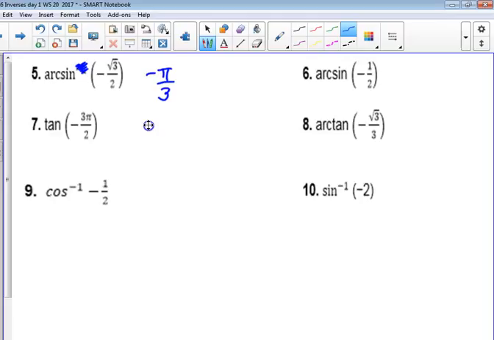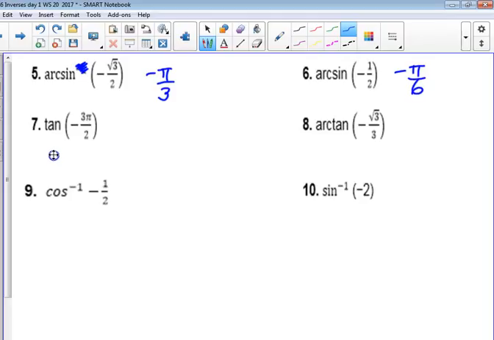What's wrong? Yeah, that's just wrong. All right, arc sine of negative 1/2. Who's lost? All right, what's wrong with question 7?